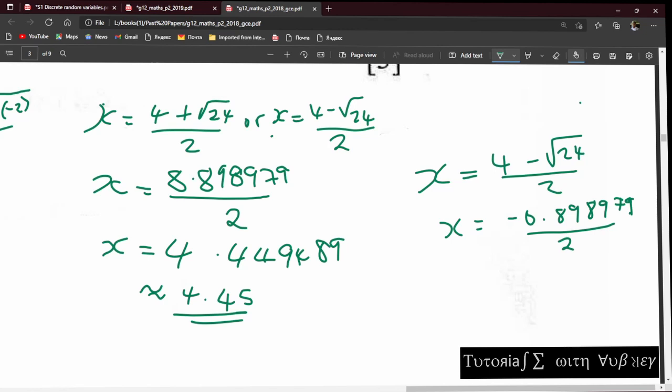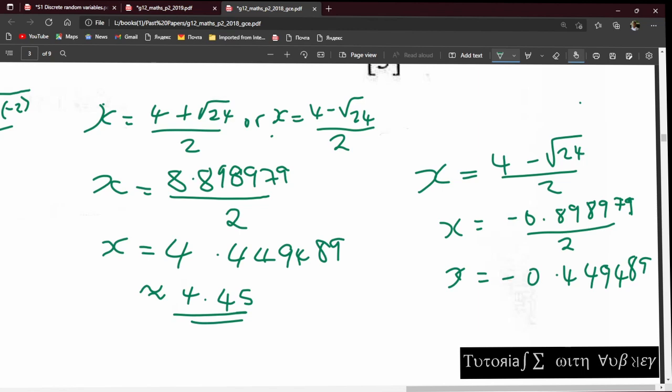Then you say x. You divide 2 into that number. We're going to get negative 0.449489. So again, at least 6 numbers after the decimal point.